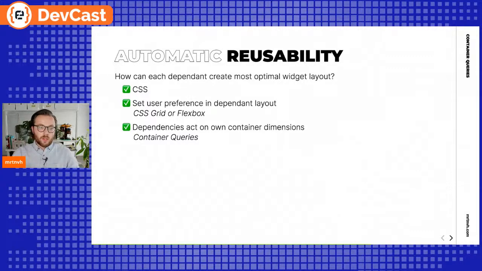So we can use CSS Grid or Flexbox in our dependent application, the dashboard application, and depending on how the CSS grid is set and how the columns and the rows are laid out, the widget gets a certain size. And thanks to container queries, the widgets can act on their own dimensions.